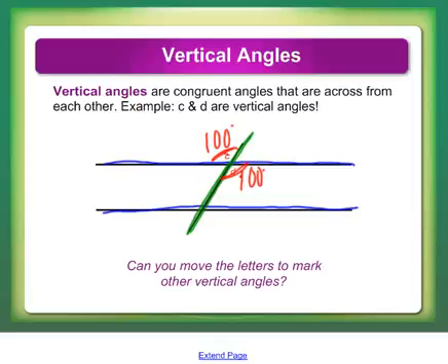The reason they're called vertical angles is they kind of look vertical to each other. They're right across from each other. So I'm going to show you another pair of vertical angles. The one right next to that 100 degrees we know is 80 degrees because it makes up a 180 degree line. The one across from that is also 80 degrees. Look at that. It's right across from each other.